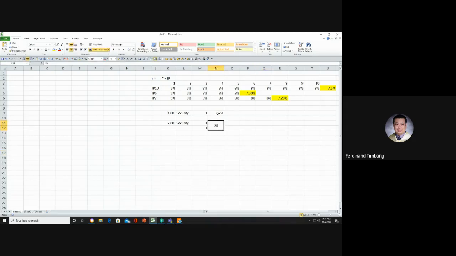Tapos ikaw nag-place ka rito ng 7%, 1 year. Ngayon, kung halimbawa, ito ipi-place mo ulit for another year. Another year. So, ibig sabihin, 1 year, 1 year, equal to 2 years security. So, kung ang 2 years security mo kumikita ng 9%, dapat ikaw, kung nag-place ka ng, let's say, 7% for 1 year, dapat pagka itong dalawa tinotal mo, mag-i-equal sa 9%.